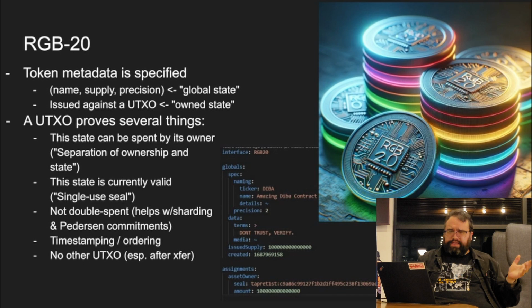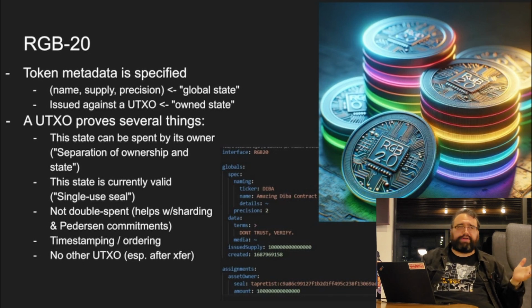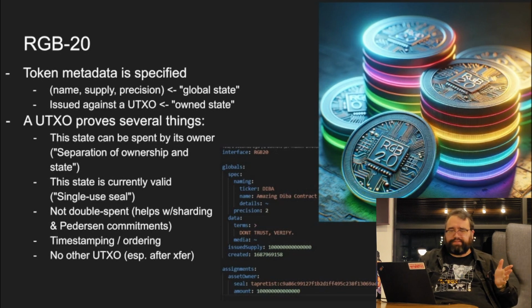Now, RGB20, you specify certain things like the name of the token, how many tokens there'll be, and how many the tokens can be subdivided by. Can they be subdivided into bits or sats? 8 or 6, right? And you put this in what's called global state.